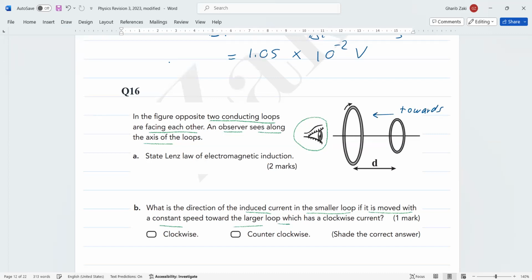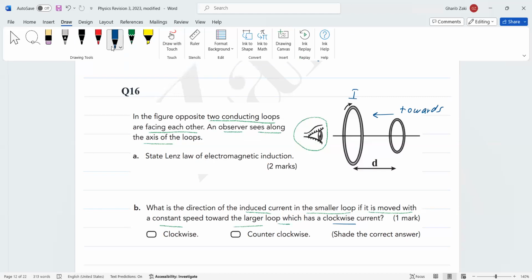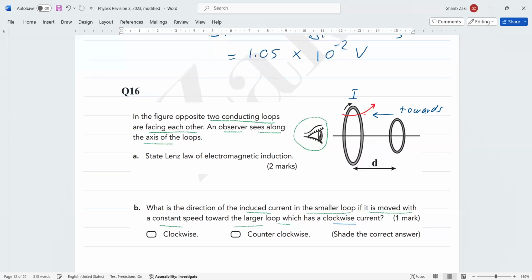Now, first of all, here we have a clockwise current in the bigger loop. This is the current in the loop. By using the right-hand grip, we have the magnetic field in the bigger one.